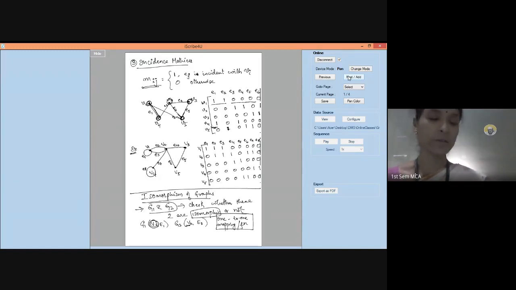If we are able to do this, then we can call both the graphs isomorphic. Isomorphic means what? Iso means same, morphic means structure. So isomorphic means something which has the same structure.